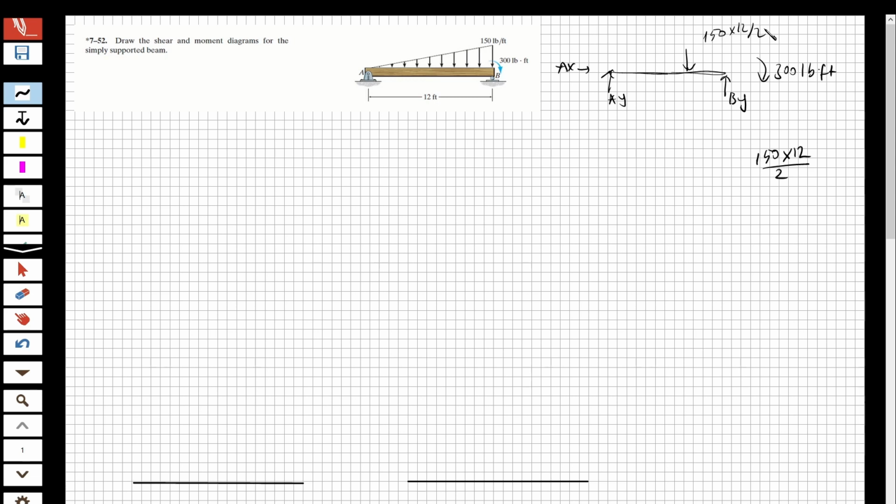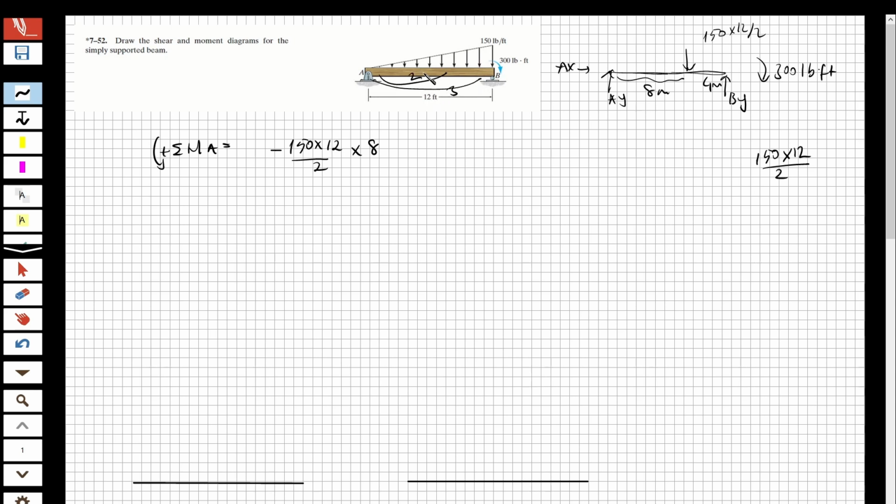So for this one, let's write the moment equations. For the moment at A, I need to determine the reaction forces. For the reaction forces, it's going to be minus 150 multiplied by 12 over 2 and multiplied by 8, because look at here, this is going to be applied at 8, because the center of gravity for the triangular load is at 2/3 of that.